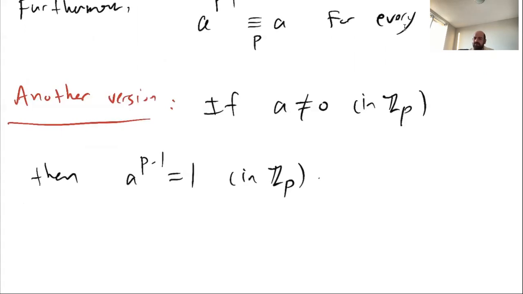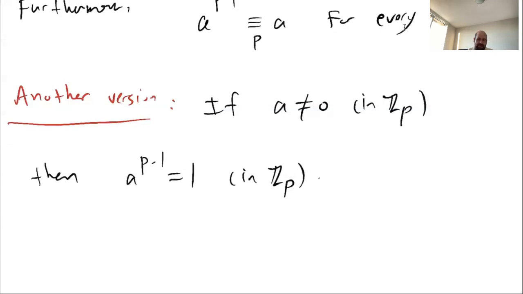See, I think this is nicer, right? If a number is not 0, when I change my universe to ZP, which means the set consisting of 0, 1 to P minus 1, then any number to the power P minus 1 is equal to 1. Of course, 0 to the power P minus 1 remains 0, so I have to exclude 0.